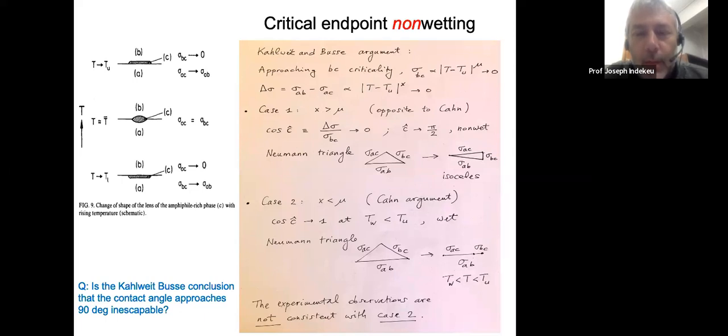And in that scenario, the contact angle should go to 0 or to pi, and so there should be a wet state. But they do not observe a wet state. They observe that the lens persists, and so the contact angle persists, and they conclude that the contact angle must be 90 degrees. But there is no case for when x equals mu.